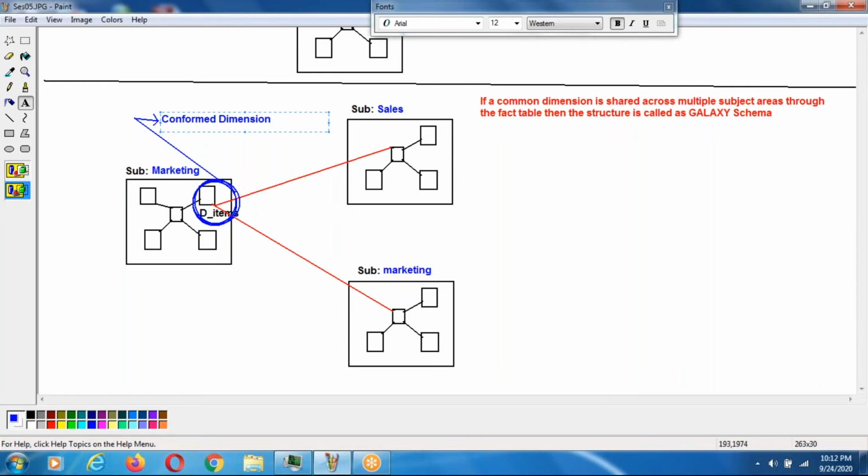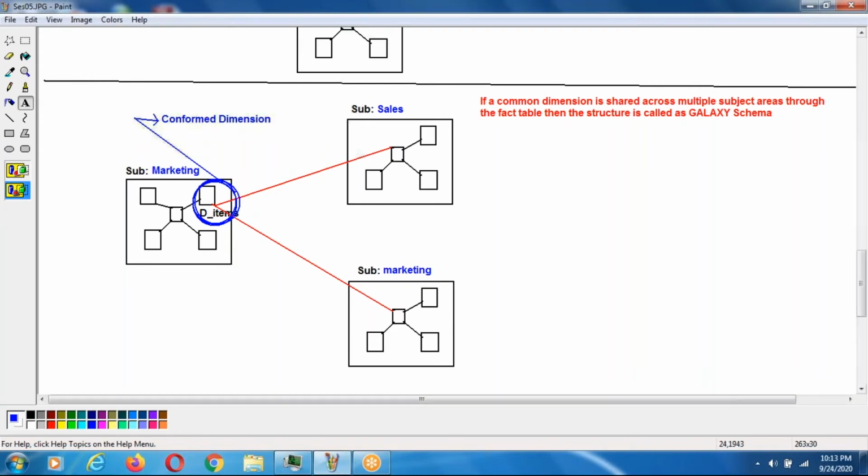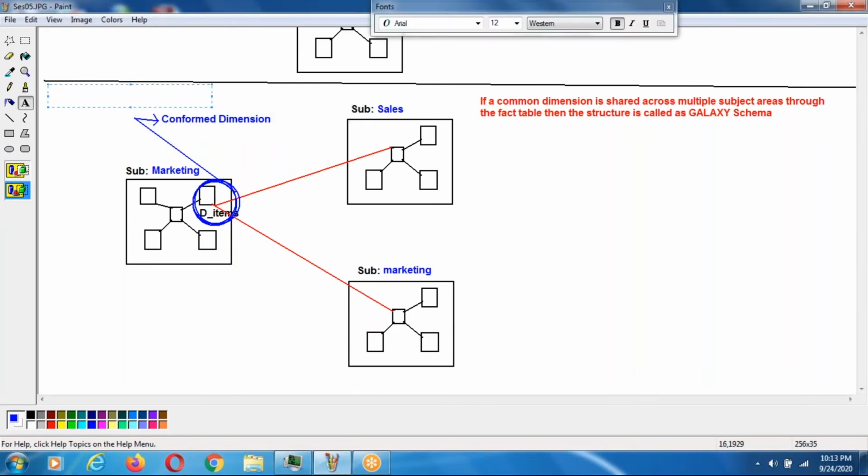So the dimension which is shared across multiple subject areas through the fact table is called a conformed dimension. Clear? Yes. Only that particular table is called a conformed dimension. Individually, each subject may be a star schema or it may be a snowflake schema. So this type of structure is called a galaxy schema. Clear? Yes. So that is data modeling.